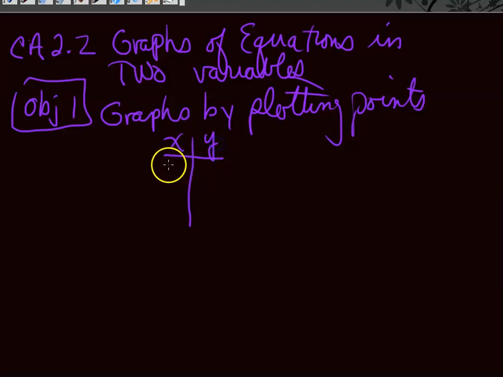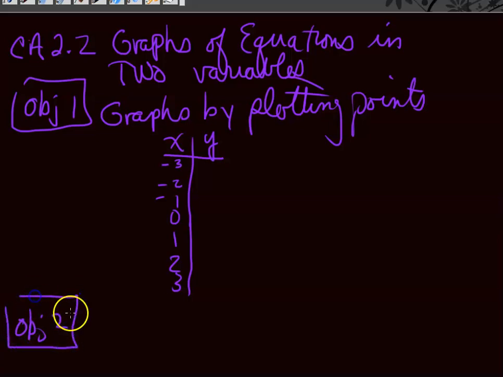You put in an X, you might start with -3, -2, -1, 0, 1, 2, and 3, so you can figure out the Y value once they give you the equation. Objective 2. Find X and Y intercepts from a graph.